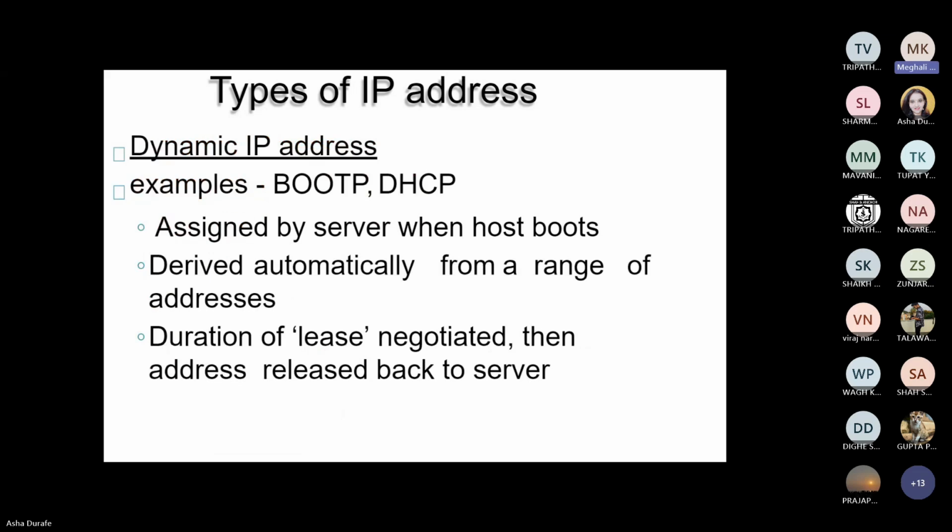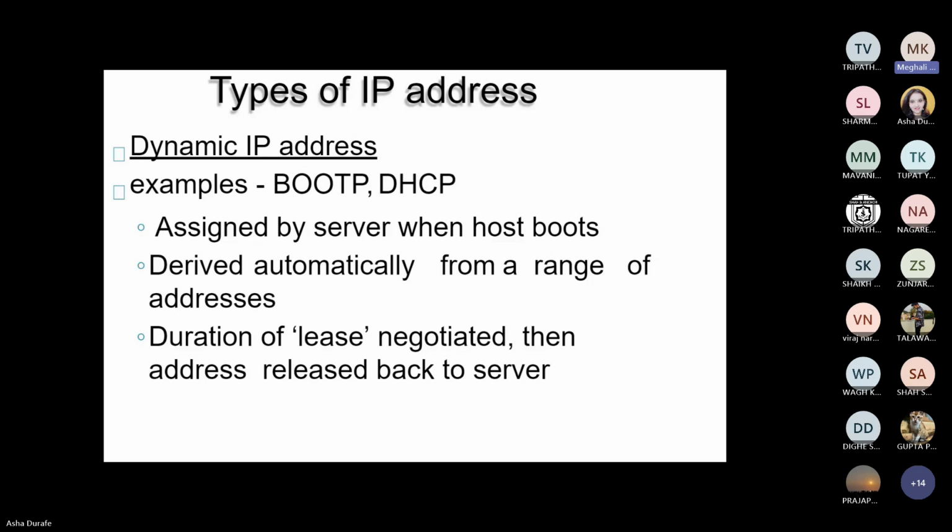Dynamic IP address, as the name tells, is assigned by the server when the host boots. So it is not available 24/7 to the same host. It changes, because there is a pool of IP addresses from which it has to be taken. As and when an IP address is freed by any other host, it can be assigned to another host which requires it.